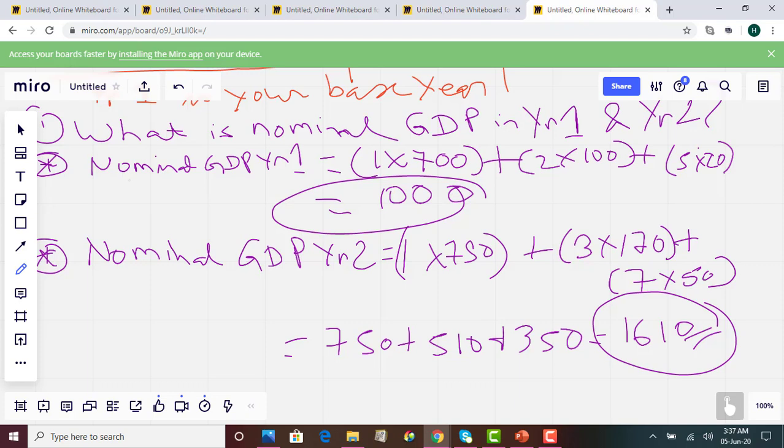While this number is right for the nominal GDP, because in the base year there is no change in price level, we do not have to adjust the base year using a price index. Make sure you know that in the base year we never have to adjust for price index.